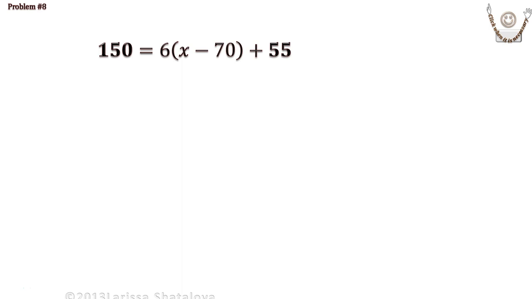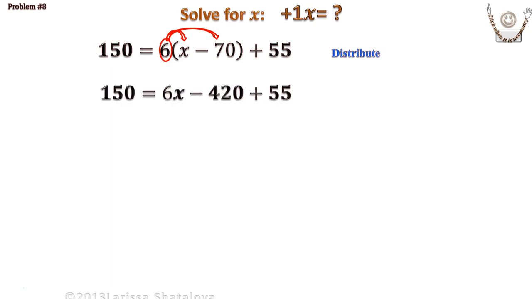First of all, we have to remove parentheses using the distributive property. So it will be 6 times positive x and 6 times negative 70. 6 times positive x would be positive 6x, 6 times negative 70, positive times negative is negative 420.